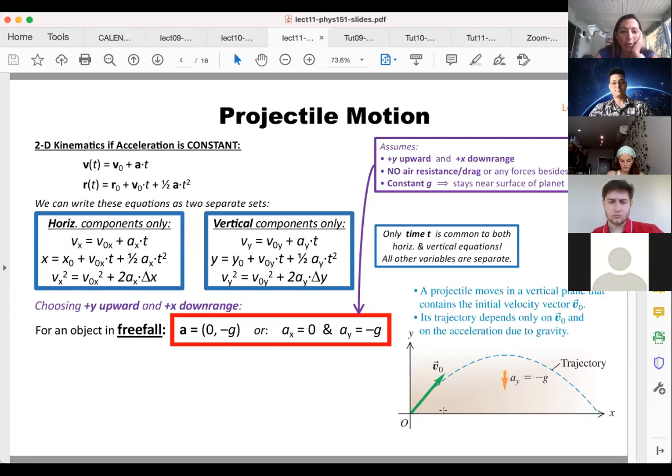For the X component, Vx is equal to V naught x plus the acceleration along x times t, and then x is equal to x naught plus V naught x t plus 1/2 a t squared.